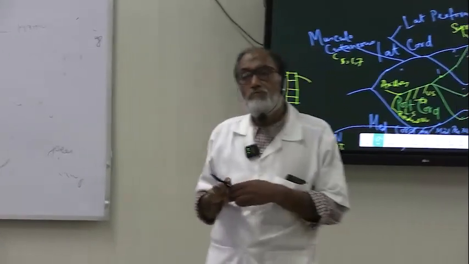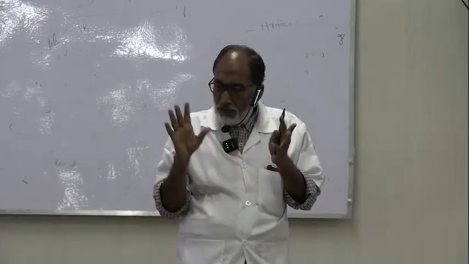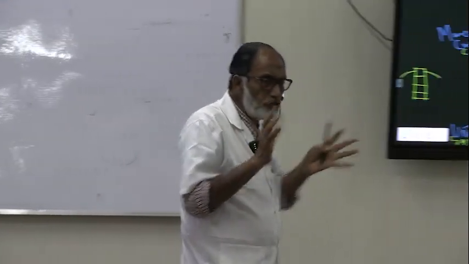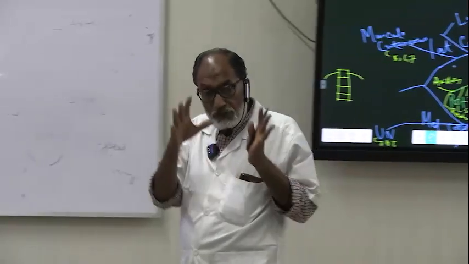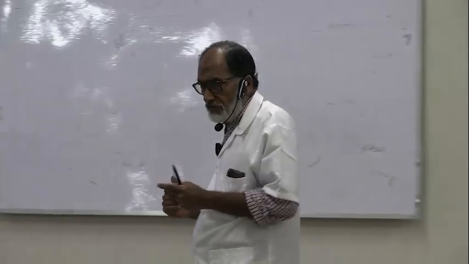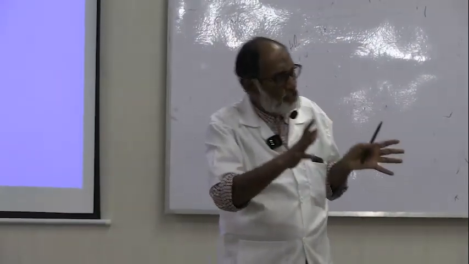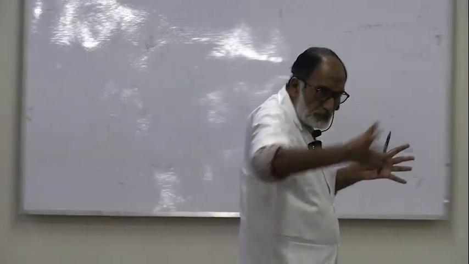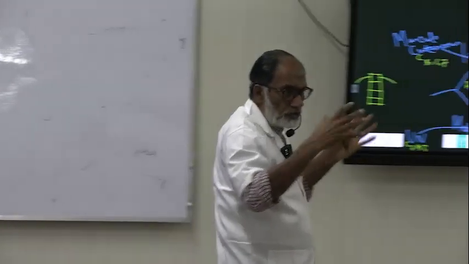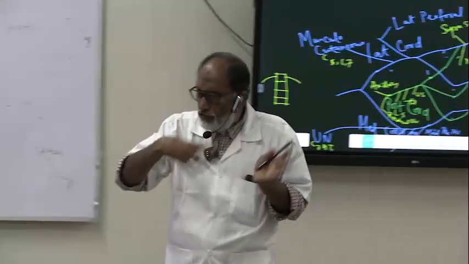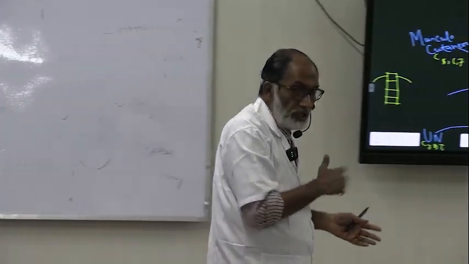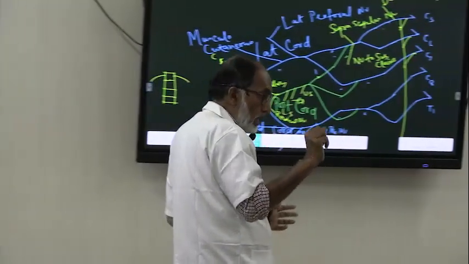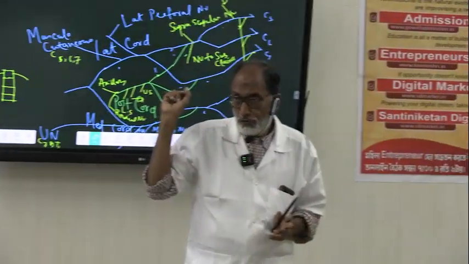If there is any stab injury, but mostly it is injured during operation of the breast, especially carcinoma breast. During operation of the carcinoma breast, extensive tissue is incised, so during the incision of the tissue that nerve may be injured. If this nerve is injured, how will you diagnose?